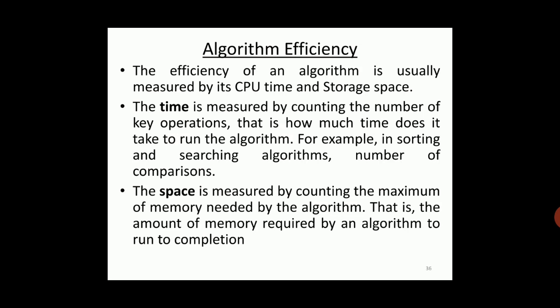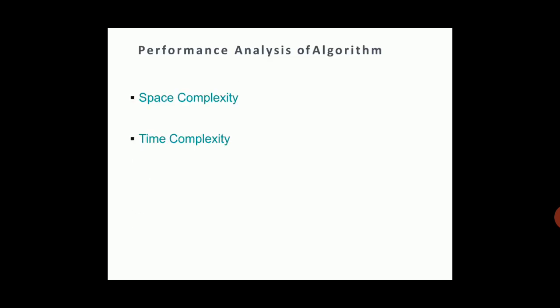Space is measured by counting the maximum memory consumed by your algorithm or program to run completely. These are the two points that affect the algorithm, so we have to check the performance analysis of the algorithm according to them.